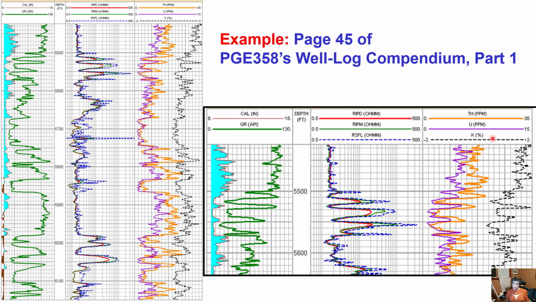Please note that the potassium log gamma ray is written in percent because that tends to be the most abundant, the one that has the highest count rates. And thorium and uranium, because they're in general less abundant than potassium, are displayed in parts per million.